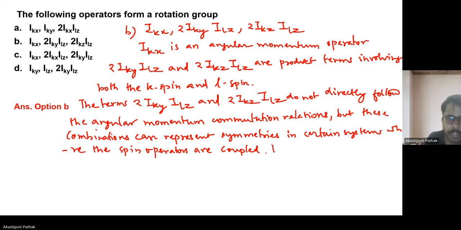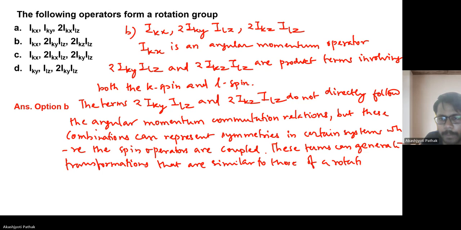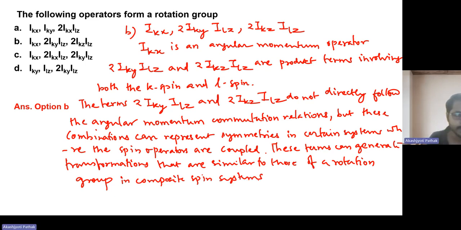So these operator terms can generate transformations that are similar to those of a rotation group in composite spin systems.